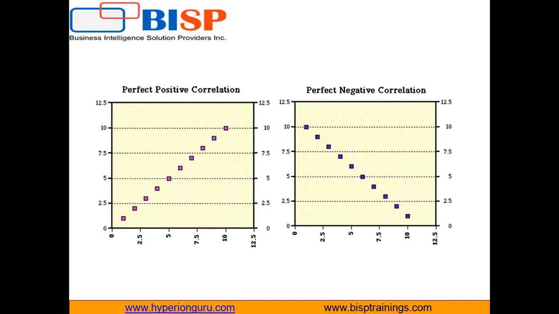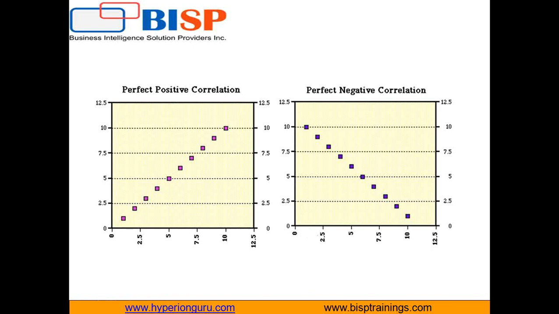If the data points make a straight line going from the origin out to high x and increasing y, then the variables are said to have a positive correlation. If the line goes from a high value on the y-axis down to a high value on the x-axis, the variables have a negative correlation.